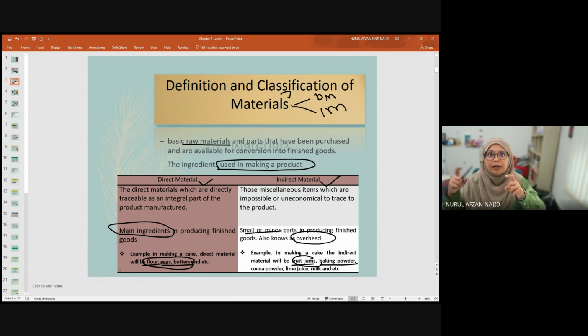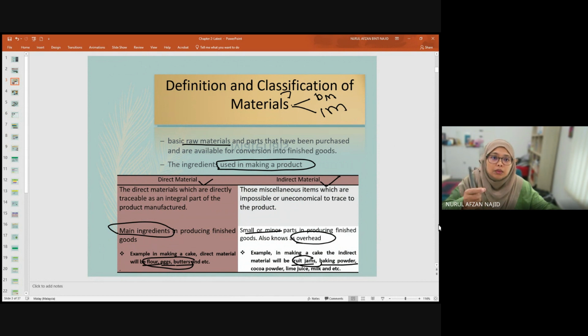Dia macam tak berapa signifikan. Itu perkataan paling senang. Dia tak berapa nak signifikan untuk kita tentukan secara directly, okay, to that particular product. Contoh macam cocoa powder. Mungkin you terlebih untuk kek yang pertama, kek kedua dia kurang sikit, kek ketiga terlebih macam tu.